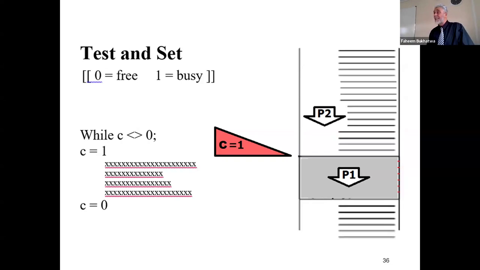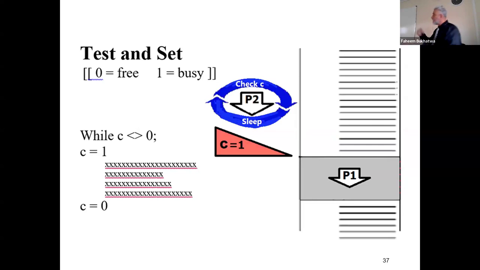But now process 1 has not left. Process number 2 comes in. It finds it busy. It cannot go in. So it will go into a little sleep and test, repeating that. So sleep for a little while and test the flag. It looks at the flag, just like what the train driver is doing. He'll be chatting with his friend, and then every now and again looks at the light.